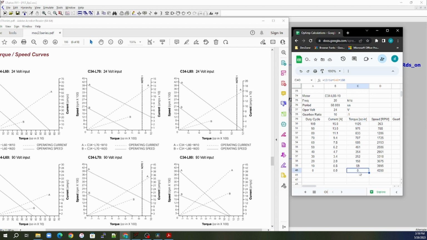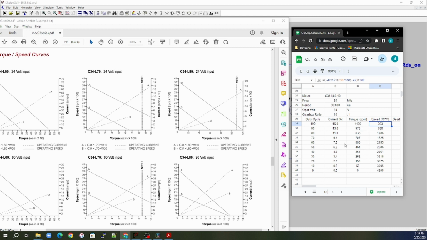But we can also see that as our torque goes up, our speed goes down. So we have a no load speed on this motor of probably somewhere around 4,200 RPMs. And then when this thing goes under full load, it will be at 263 RPMs.